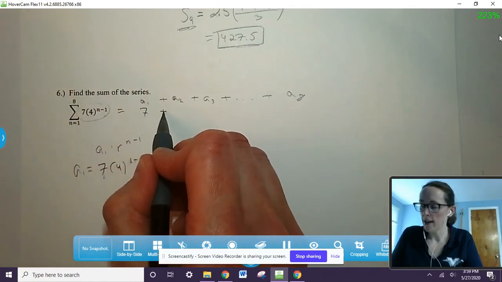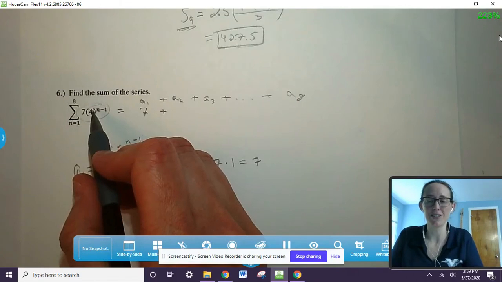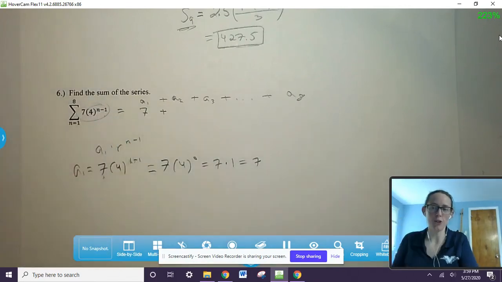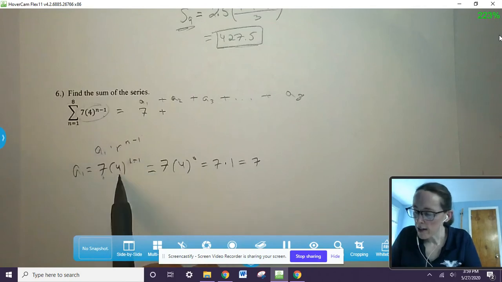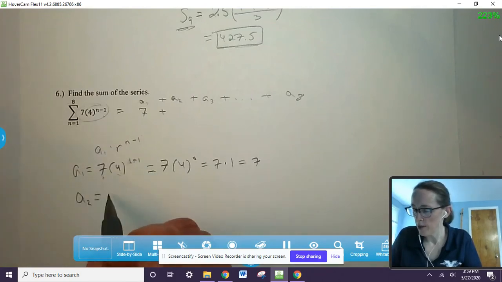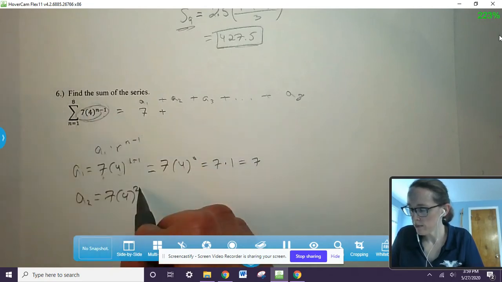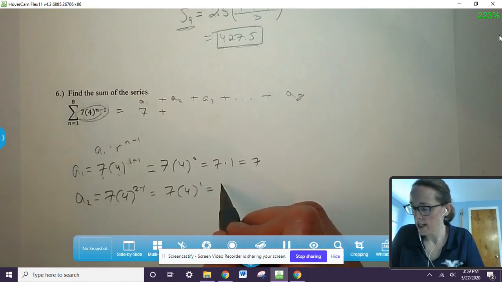So if you recognize that this is that format for the geometric sequence rule, you can actually just go ahead and pick out that the first term is 7. Can you tell what the common ratio is? Common ratio is 4. But let's go ahead and find the second term kind of formally by plugging in. Right here, we're going to plug in 2. 2 minus 1 is 1, and 7 times 4 is 28.